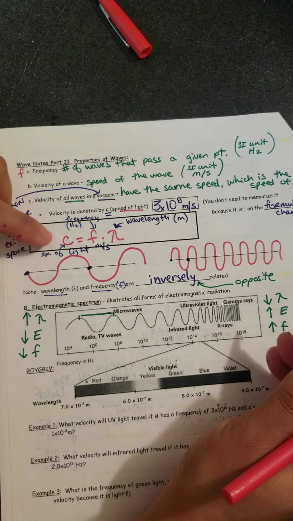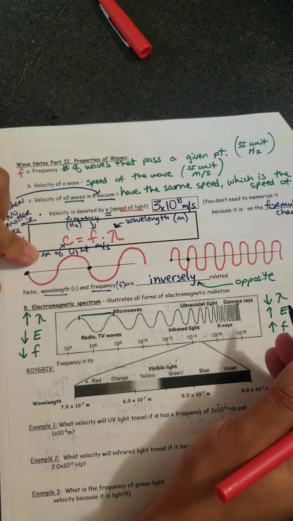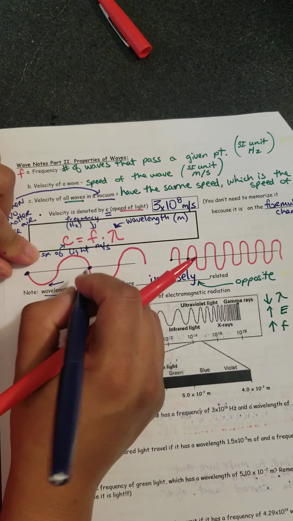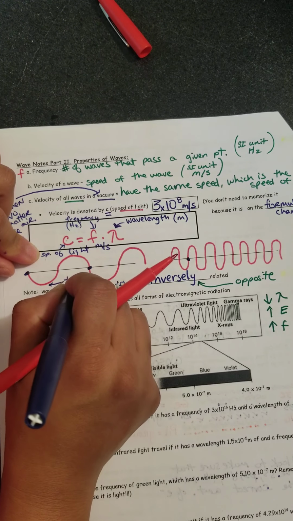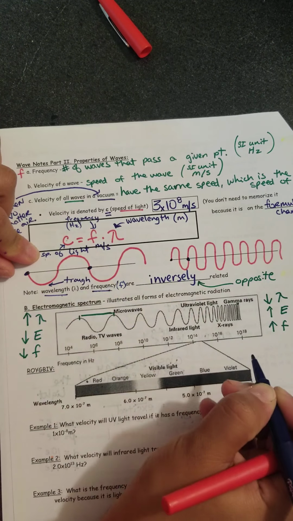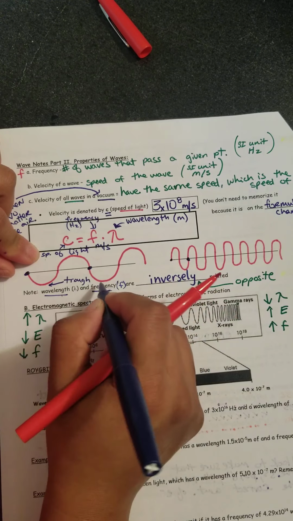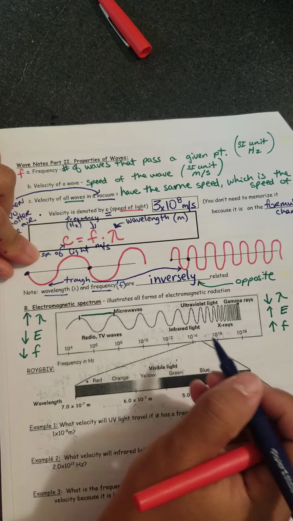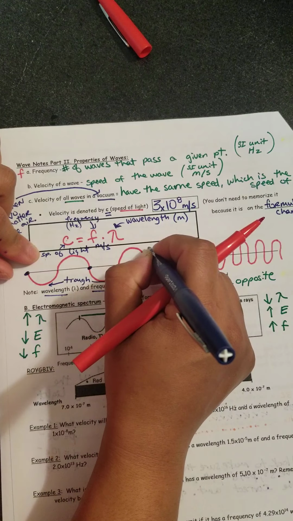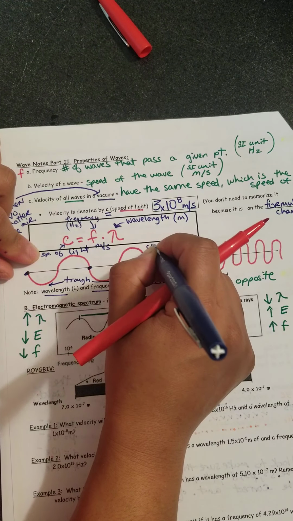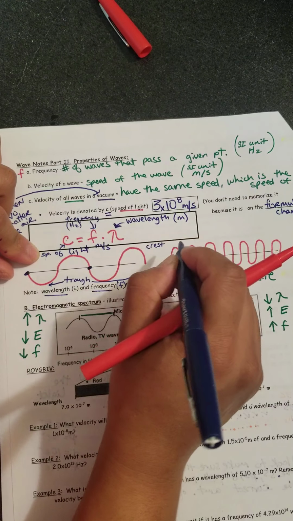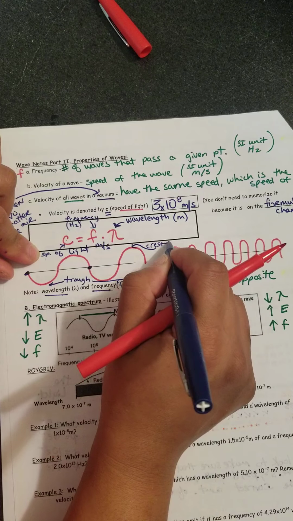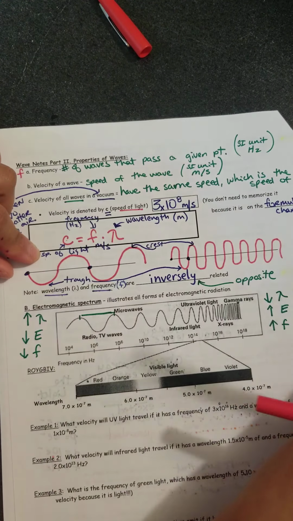And on this side, we have the bottom part of the wave, and we call the bottom part a trough. Whether it's here or this trough, they're both troughs. The next part is called a crest, like an ocean crest, the top of the wave. Is it the top of the wave here or the top of the wave here?